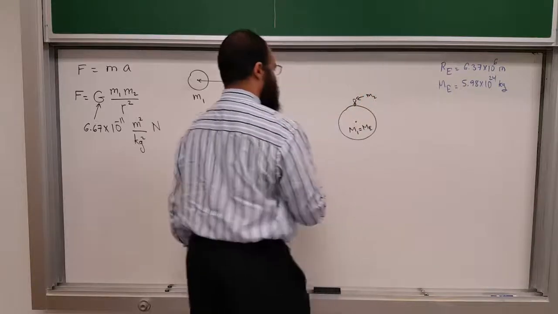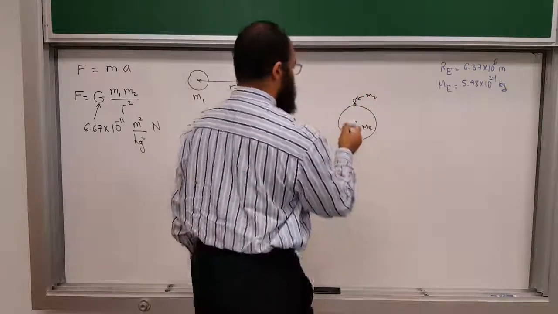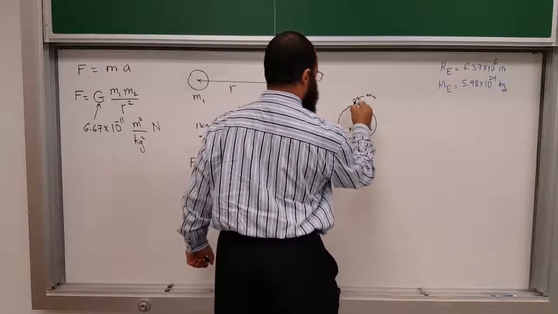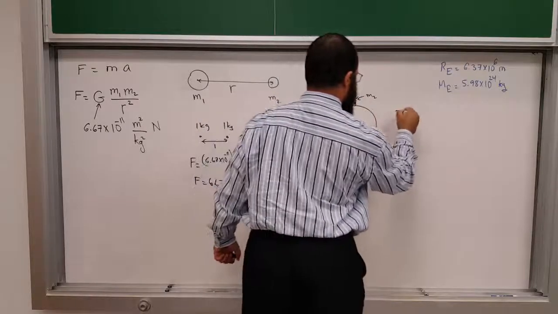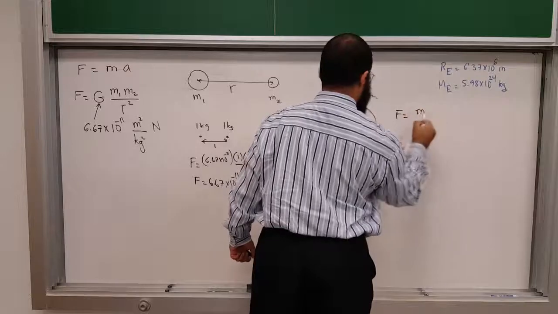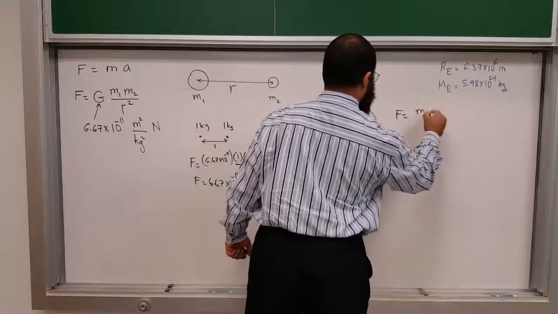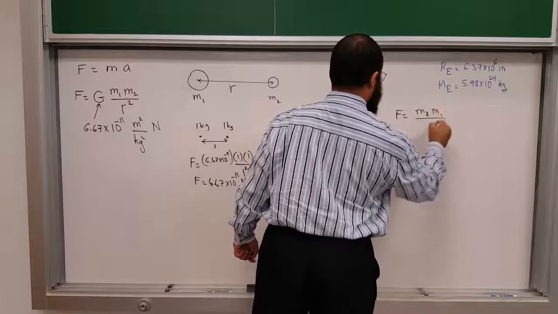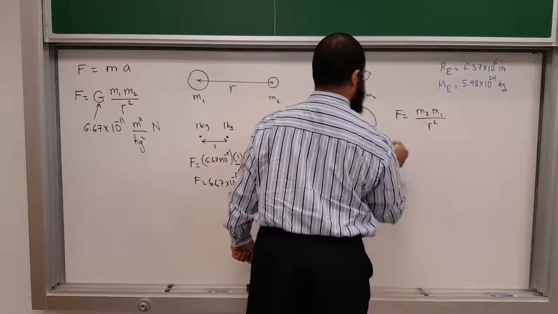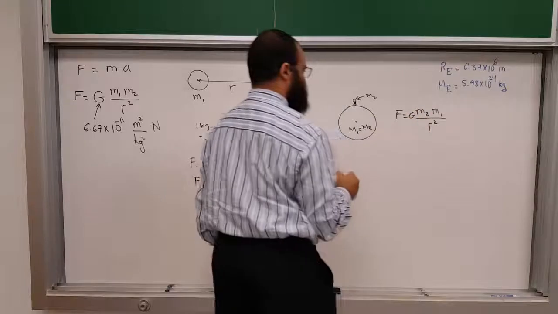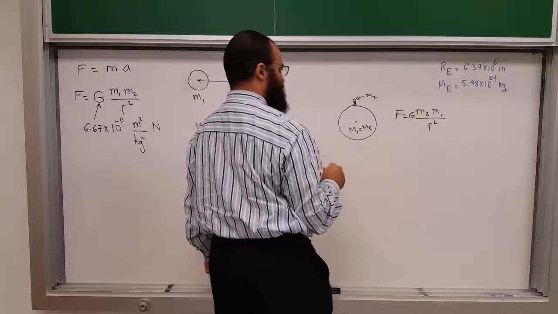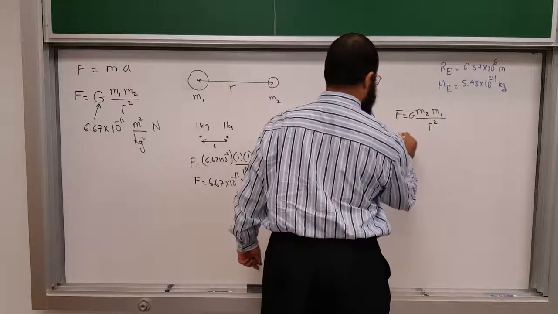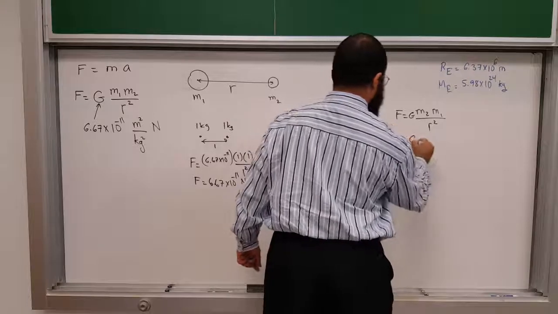And so the force on you due to the Earth will be your mass, M2, times the mass of the Earth, M1, divided by the separation between you squared, times G.